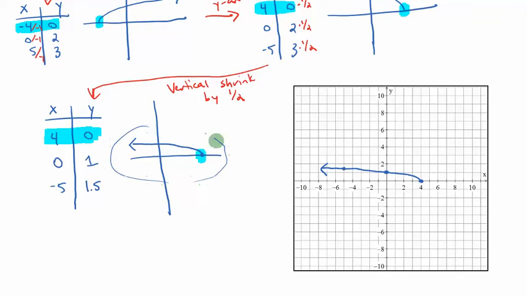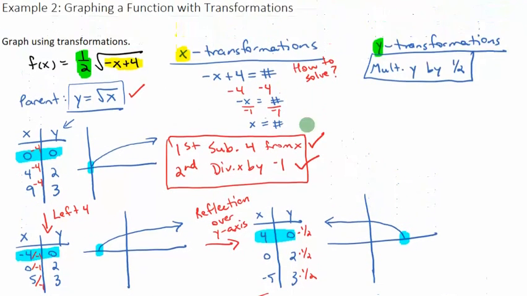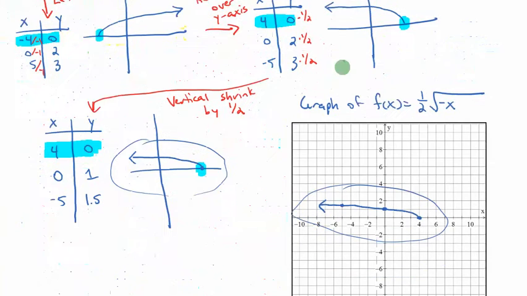So this graph and this graph are the same thing. This one's just more precise. And this is, let me move this down really quickly. This is the graph of that original function, if you remember, f of x equals 1/2 times the square root of negative x, what was it, plus 4.